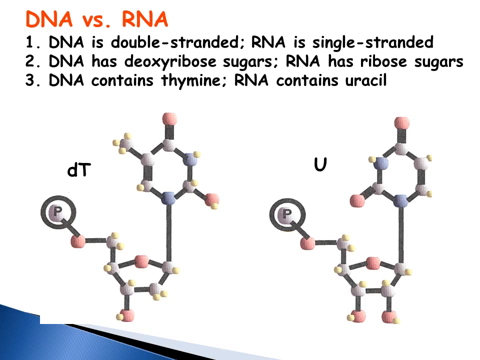DNA contains A, T, G, C. RNA contains A, G, C, and U. So instead of thymine that is in DNA, RNA has uracil. Wherever there would be a T, if you were looking at RNA, there'd be a U.